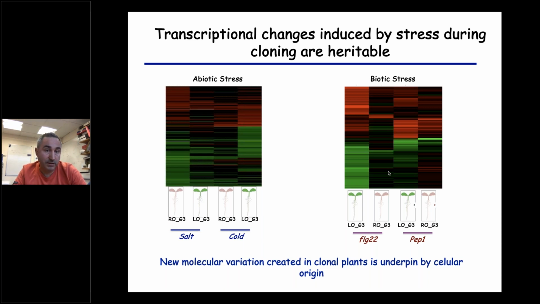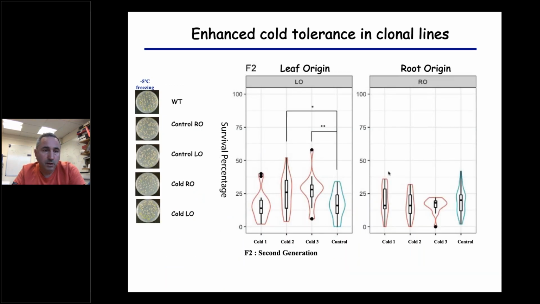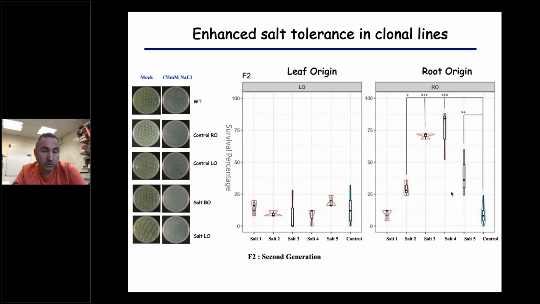So we decided to test this a little bit more from the phenotypic point of view. Hadi and Ham have been looking at the response of these lines that we have clonally propagated from leaves or from roots after exposure to abiotic stress. What they have found is that when plants are exposed to cold, the lines that originate from leaves are very good in survival to freezing, which is one of the classic phenotypic assays for Arabidopsis, but the ones that come from roots are not very efficient, which goes in line with the transcriptome changes that I just showed you.